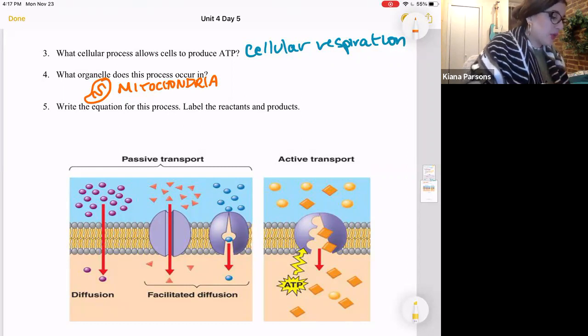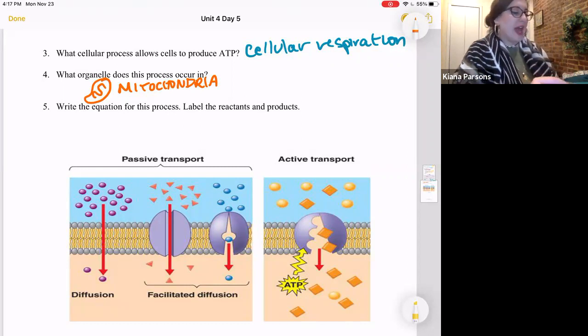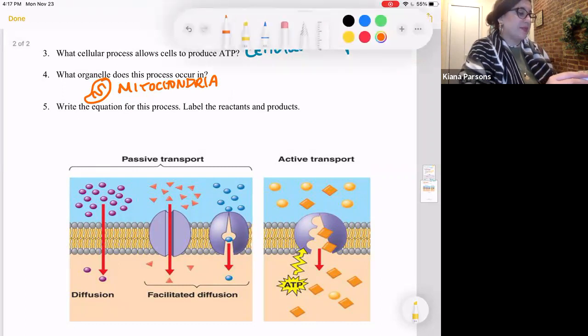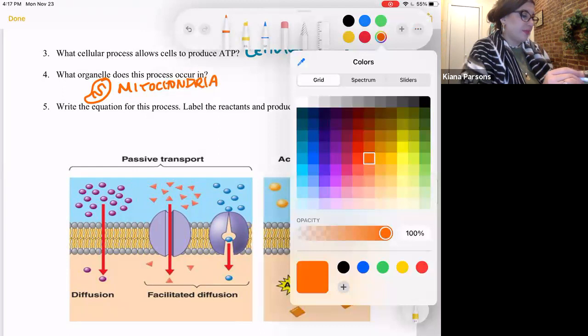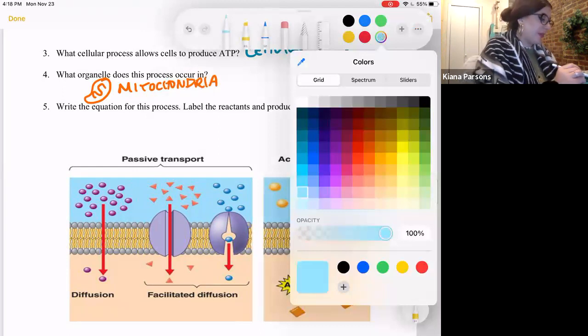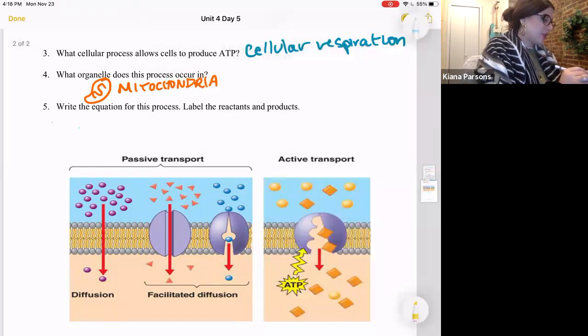Write out the equation for this process, label the reactants and the products. So we start with oxygen plus glucose yields ATP, CO2, and water.